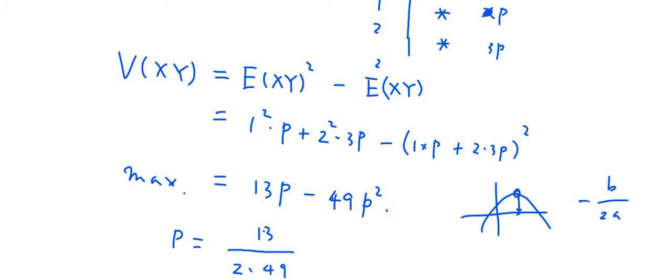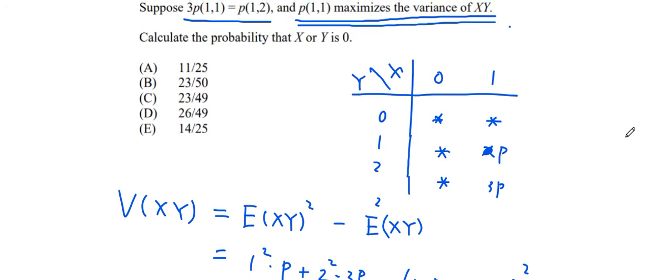Okay, so once we have this P, what do we want to find? We want to calculate the probability that X equals 0 or Y equals 0.